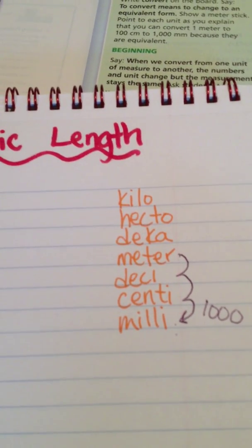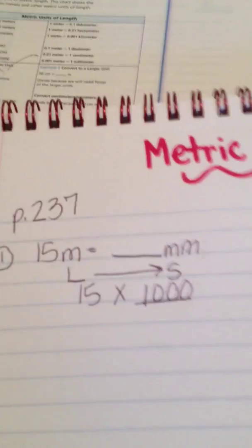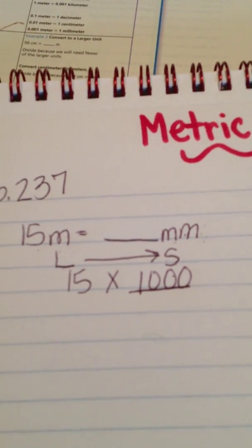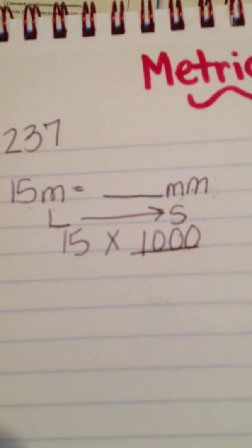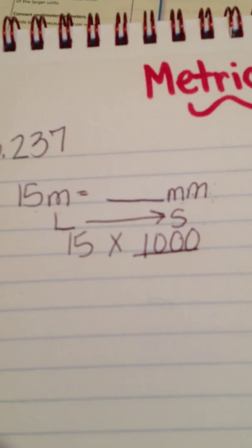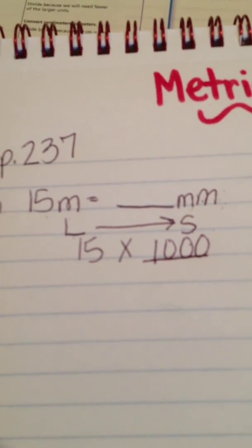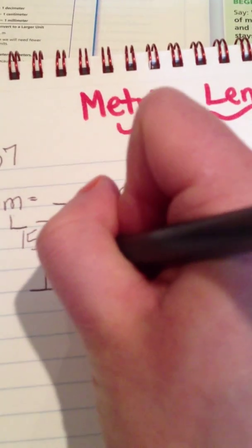So that's why I'm going to multiply it by 1,000. Now this is where the base 10 system makes it much easier to multiply and to convert. Because it's a base 10 system, I don't actually have to multiply 15 times 1,000. I can just move over my places 3 times.